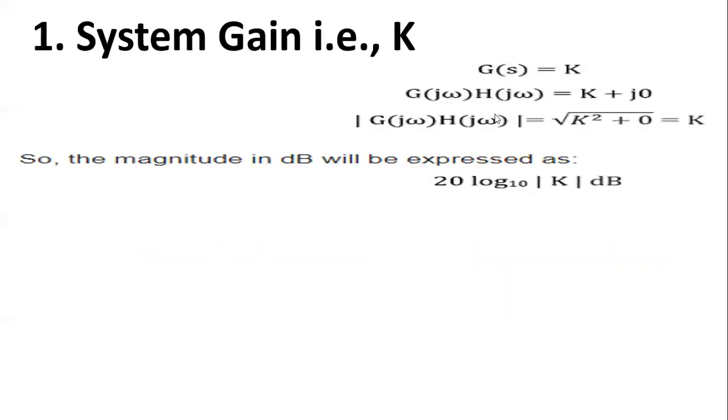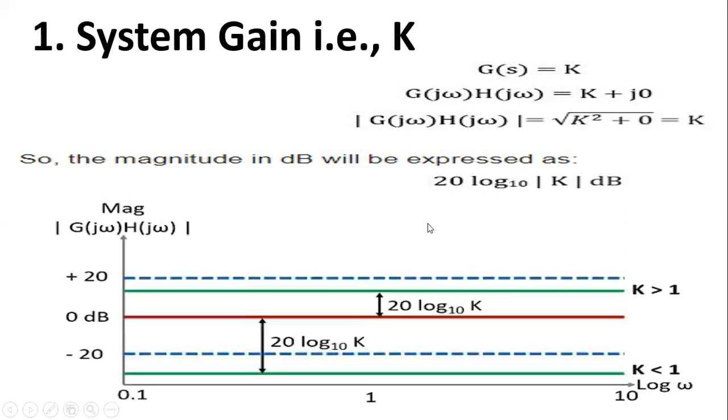Now let's see it for a system with gain of K. G(s) is equal to K, and G(j omega) H(j omega) is equal to K plus j0. So the modulus will be the square root of K squared plus 0, which is equal to K. So the magnitude in decibels will be expressed as 20 log K in decibels.